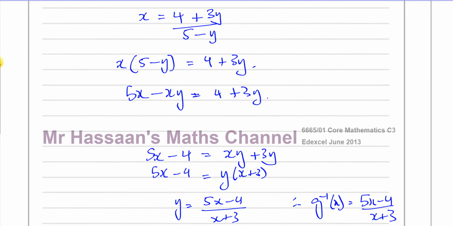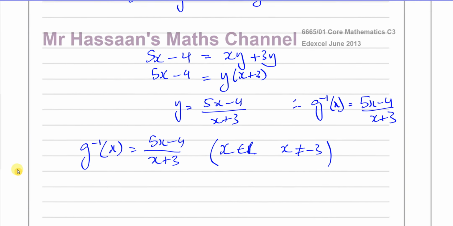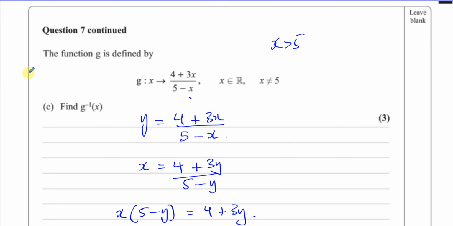If the domain had been restricted further, for example x is greater than 5, then we would have to think about what this graph looks like with the restricted domain, and then the range of this graph would therefore be the domain of the inverse graph. Because if there was a restriction here, then of course that would cause this to be different.